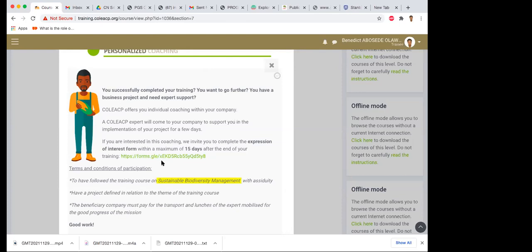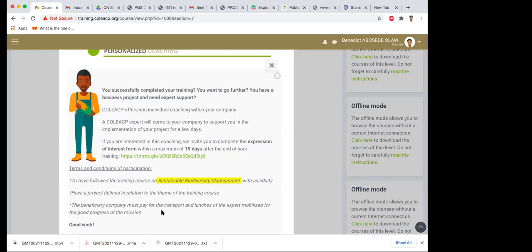The terms and conditions are that you have followed this training and passed, with your certificate issued. You have a project defined in relation to sustainable biodiversity management, meaning that you want to increase biodiversity on your farm.